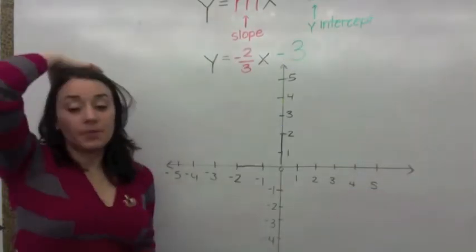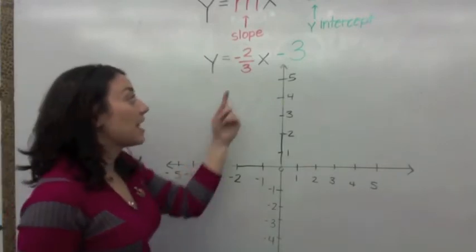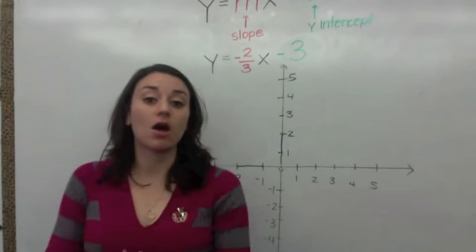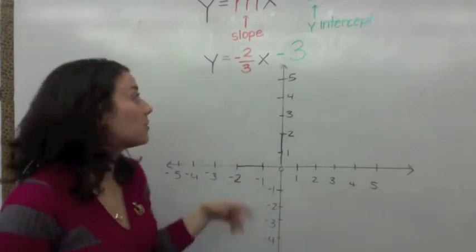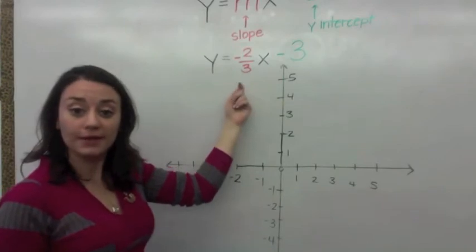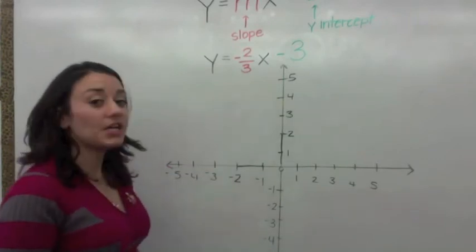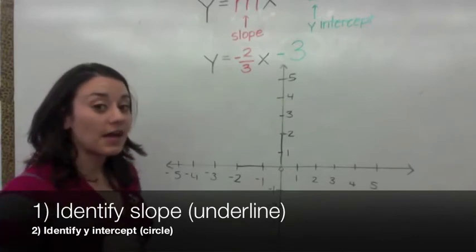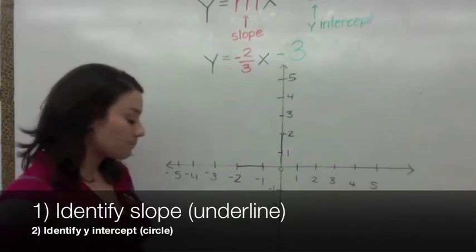Let's do another example of graphing a line that has a negative slope. What kind of slope? Negative slope. And how do you know it's negative? Well, that's because there is a negative sign in front of Yo Mama. Okay? So, you need to identify two things. The first thing you're going to identify is Yo Mama, your slope, right?